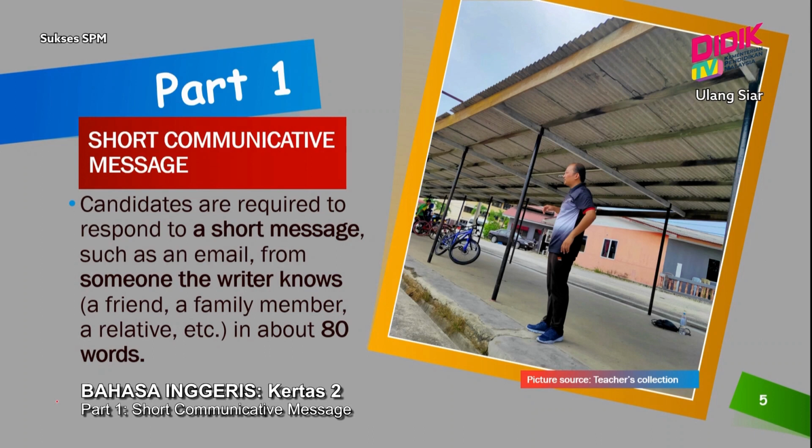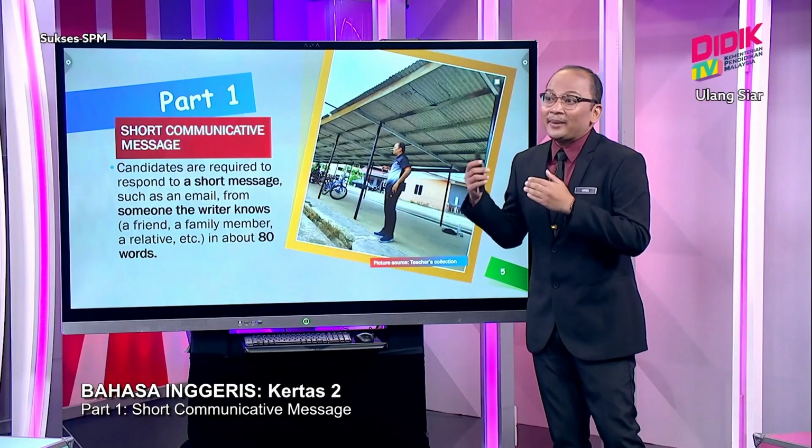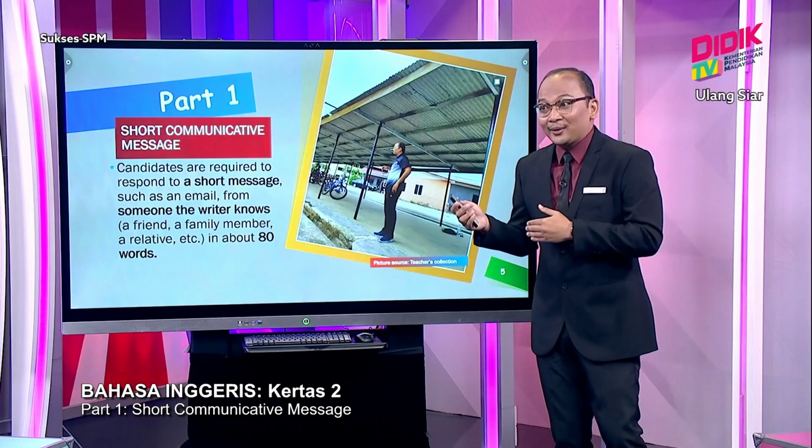It's not compulsory for them to write 80 words, it's just an estimation. So they can write about that and not too lengthy because of the time constraint. Remember, whenever you are writing, time is also a thing that you need to consider.